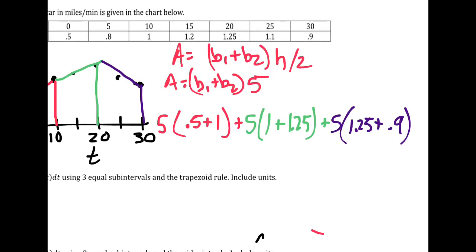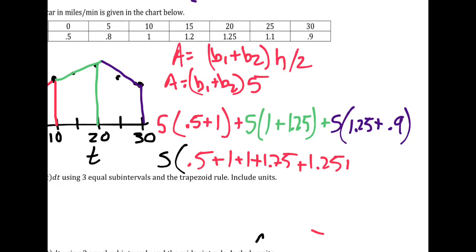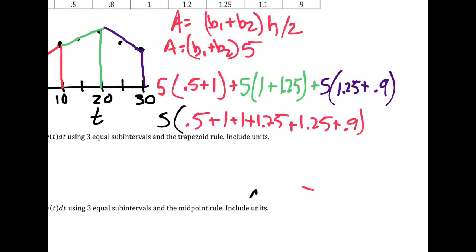Now notice what we're doing. We're multiplying each thing by 5, so we can factor the 5 out of all of that and say 5 times 0.5 plus 1 plus 1 plus 1.25 plus 1.25 plus 0.9, which I can actually write even simpler.